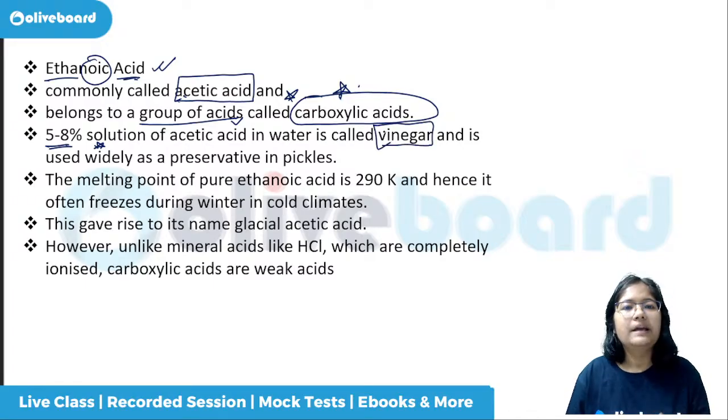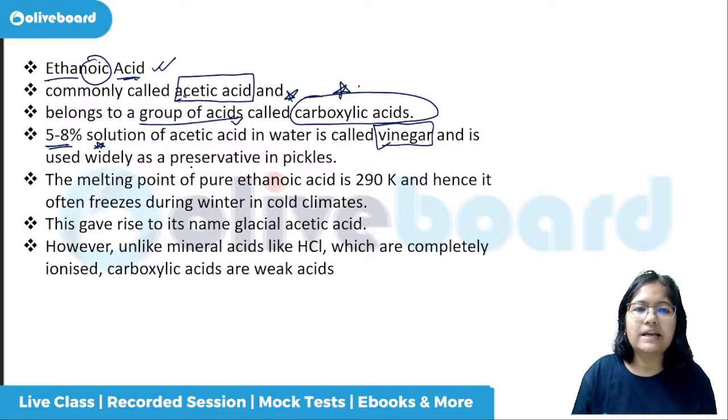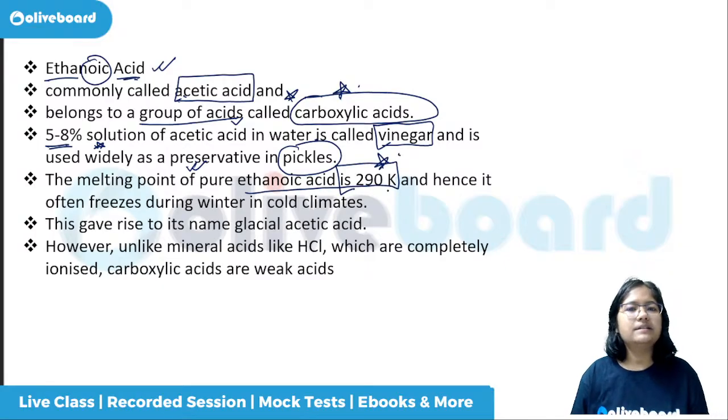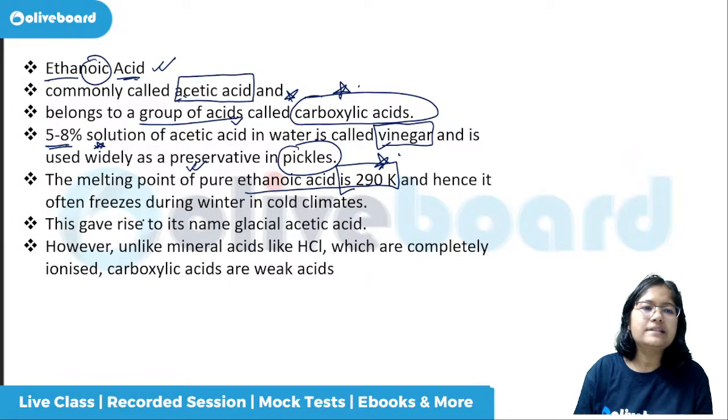This will come up in chemistry in everyday life also. So vinegar is used as a preservative for preserving pickles, and the melting point of pure ethanoic acid is 290 Kelvin. Now since it is very low, it often freezes during winter.